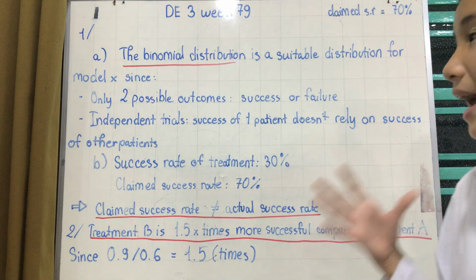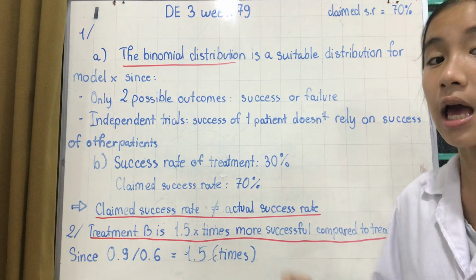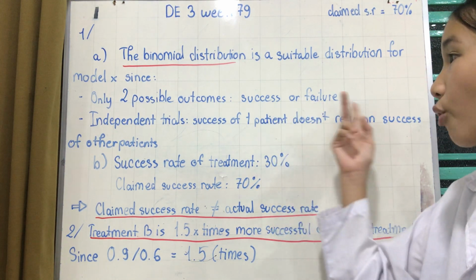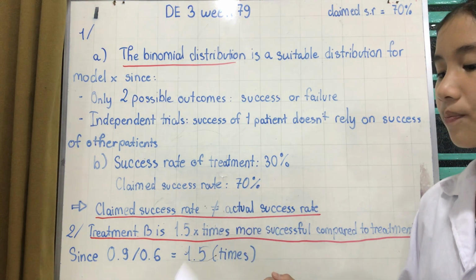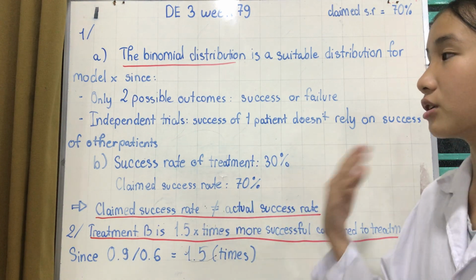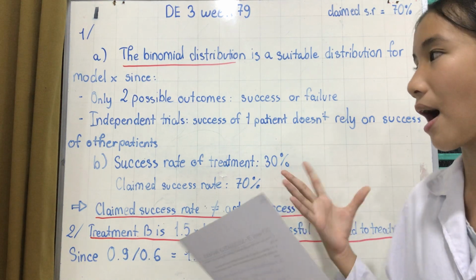distribution for model X, since the model X only has two possible outcomes: successful and not successful, or in other words, success or failure. The binomial distribution uses only two possible outcomes.